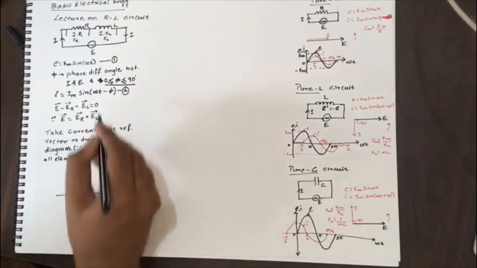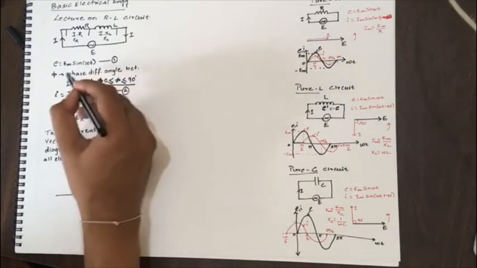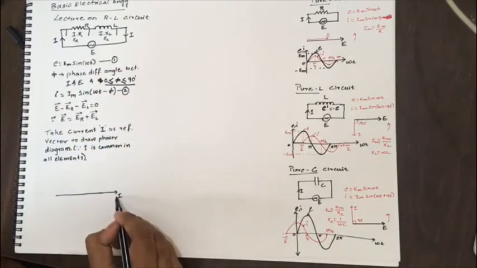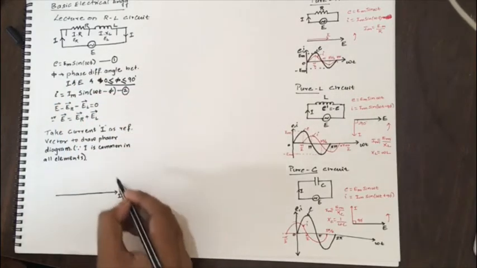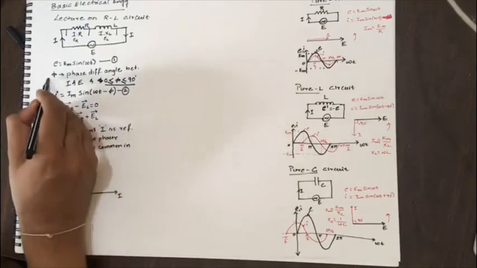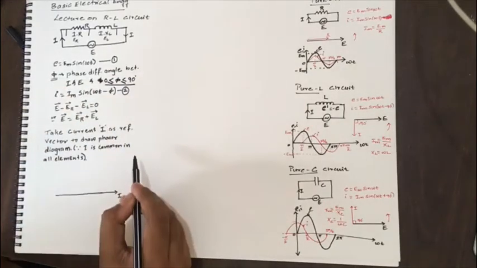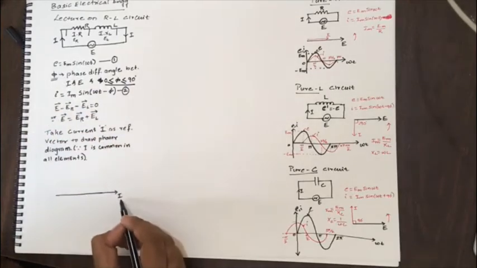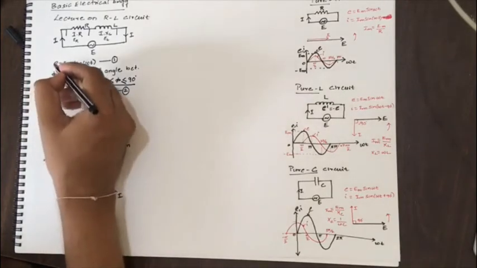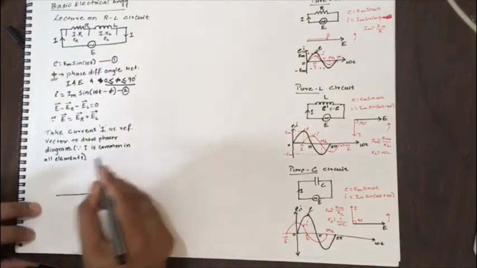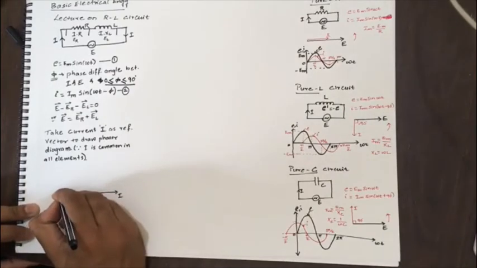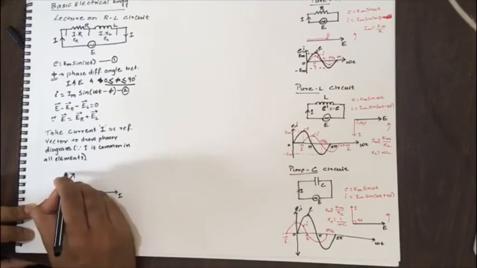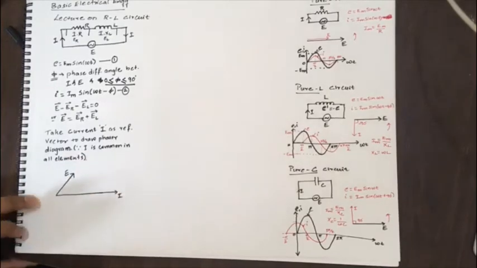It means that voltage E should lead the current I by an angle phi, because phi is the phase difference. Okay, now that vector is drawn here.